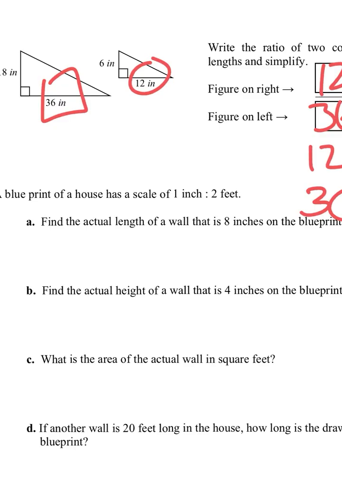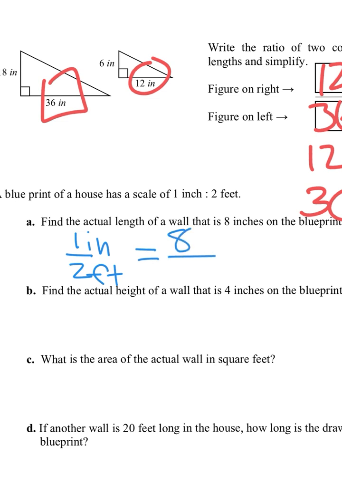For part A, it says, find the actual length of a wall that is 8 inches on the blueprint. So here we go. I'm going to expand this a little bit so it makes it easier for me to write. For part A, the first thing I'm going to do is write down what the scale factor is. So the scale factor is 1 to 2, so 1 inch to 2 feet. And on the drawing it is 8 inches long.